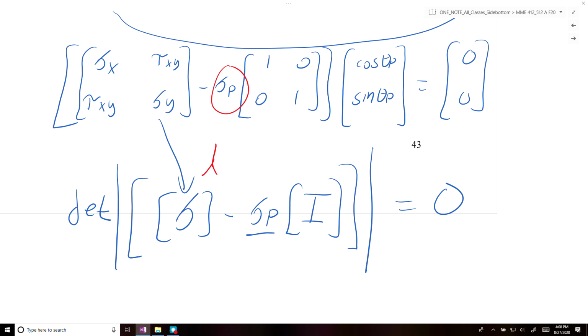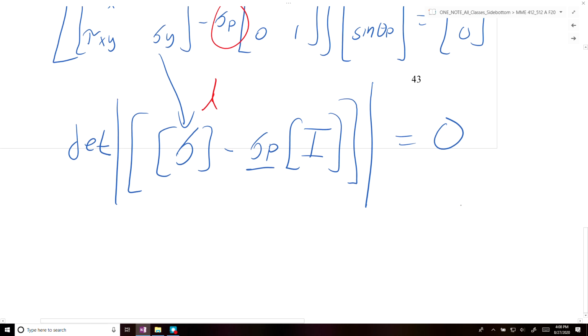From this we get two values: sigma p1, which is our first principal stress, and sigma p2, our second principal stress.